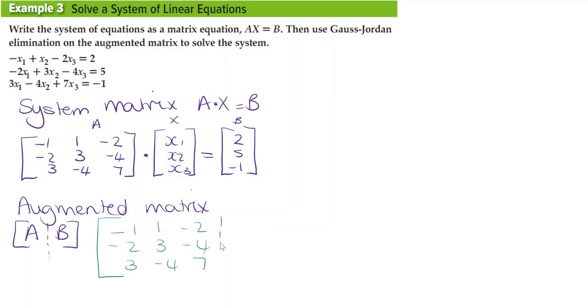And then we have our dashed line to separate the solutions. So this is our augmented matrix.